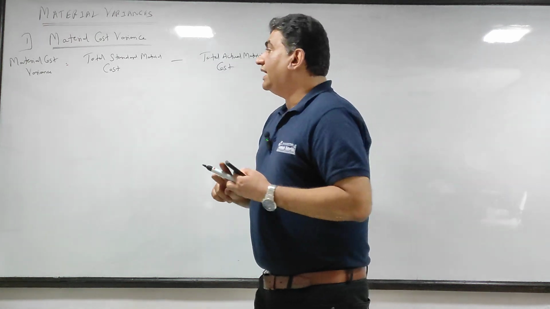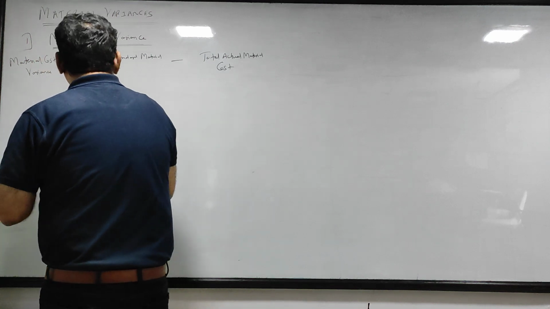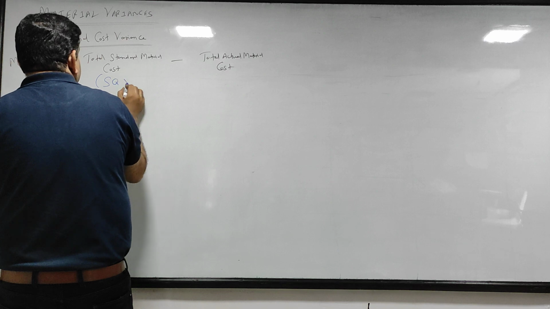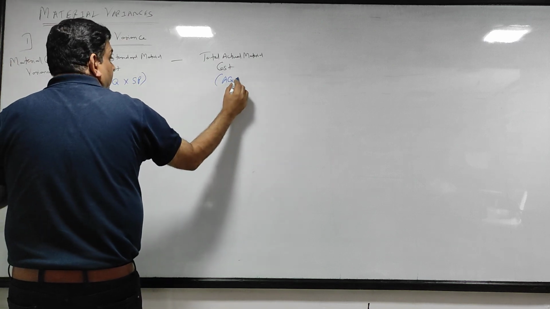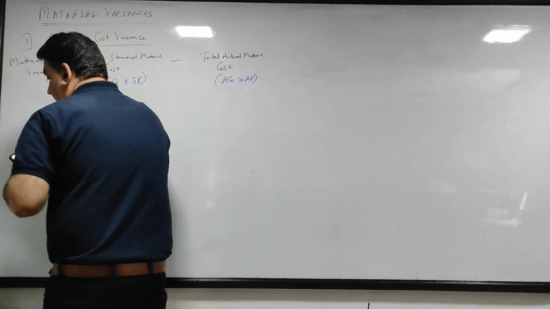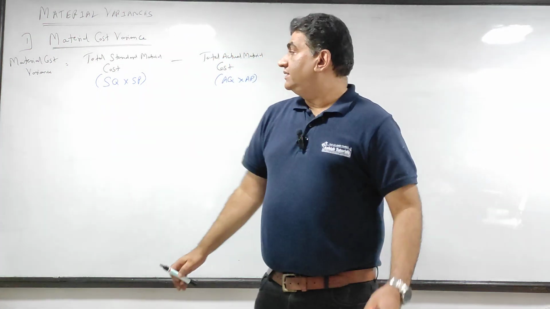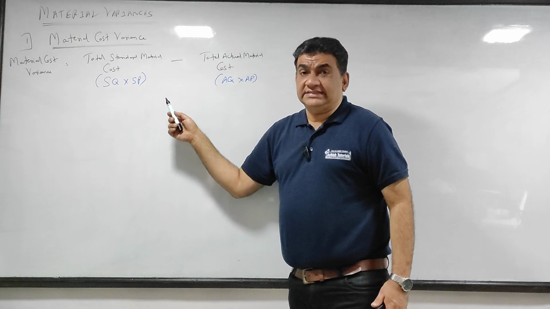In brackets I will write the sub formula. If you write that also, it will work. In brackets it is SQ into SP minus AQ into AP. It is SQ into SP, that is standard quantity into standard price.